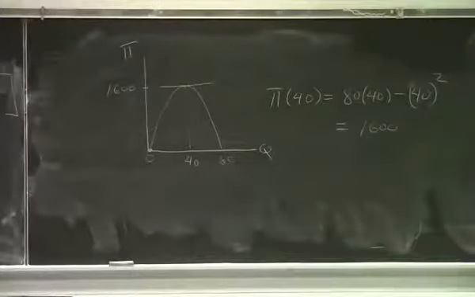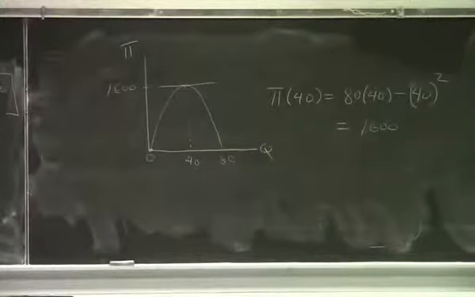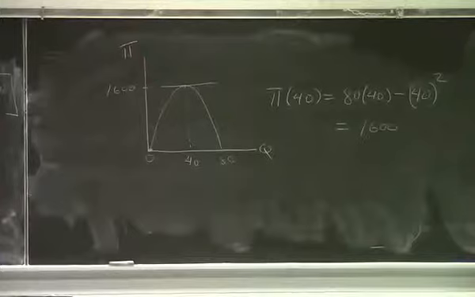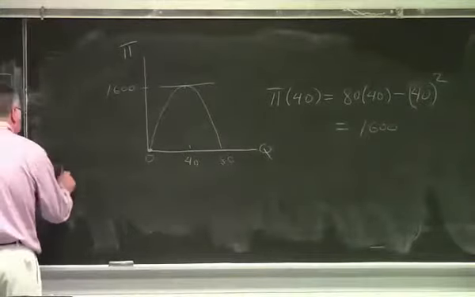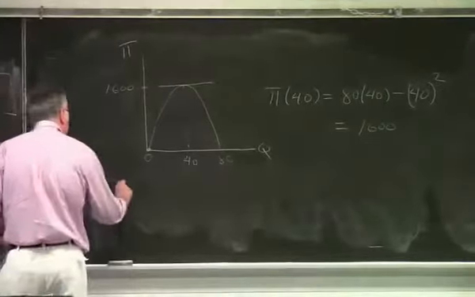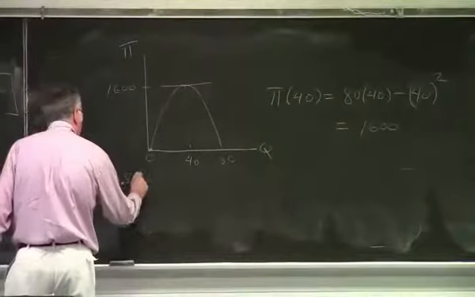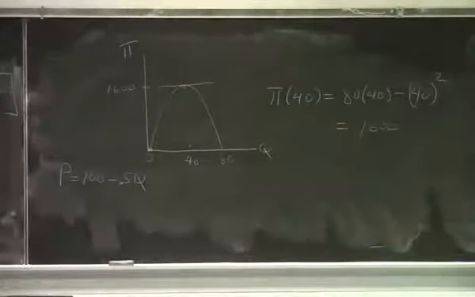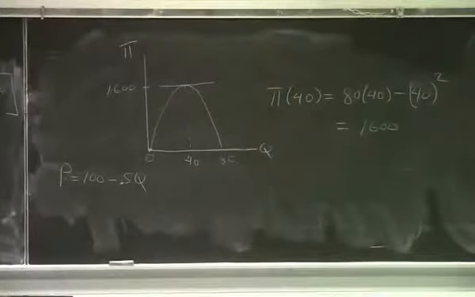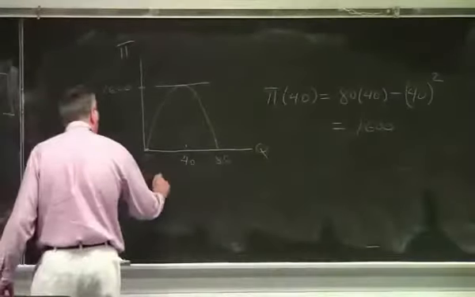I also ask you to find the profit maximizing price. We know the profit maximizing output is 40. So if you go back to the inverse demand curve, here's our inverse demand curve. 100 minus 0.5 Q. So if you plug in the profit maximizing output, we would get our profit maximizing price.